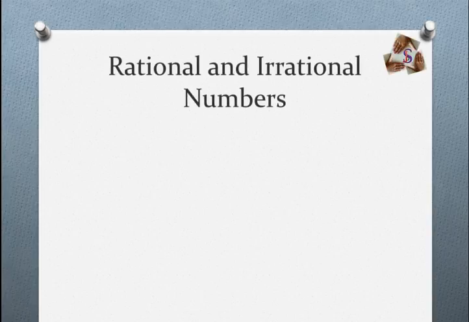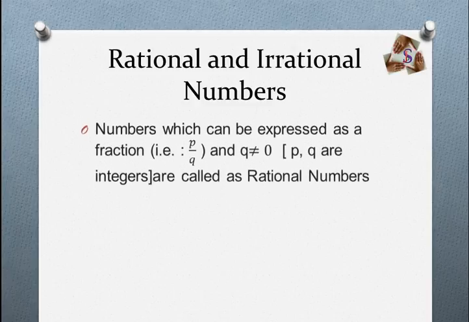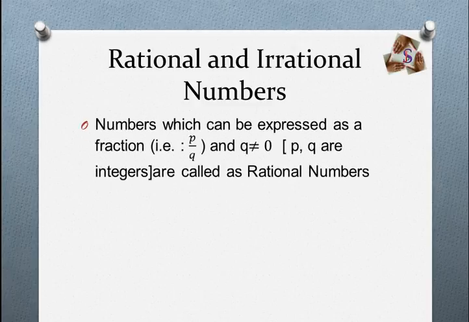Now let us try to understand what is a rational and an irrational number. So if I am able to express a number as a fraction, that is, I can write it as P divided by Q, where Q should not be equal to 0. Because when Q is equal to 0, then that term is undefined.